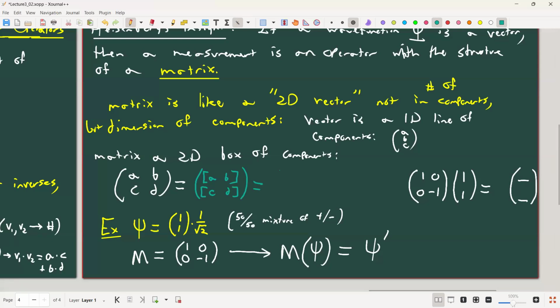You can also write this equivalently as a horizontal vector, a 90-degree rotated one, where the columns are vectors. So you can often think of a matrix as a collection of vectors.